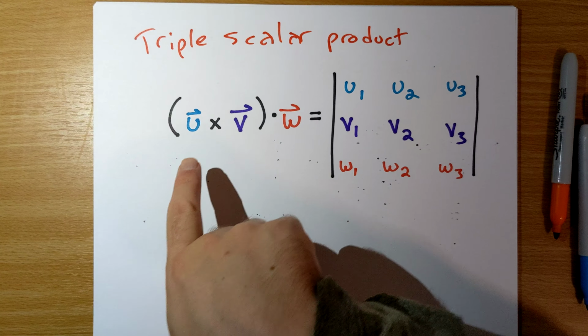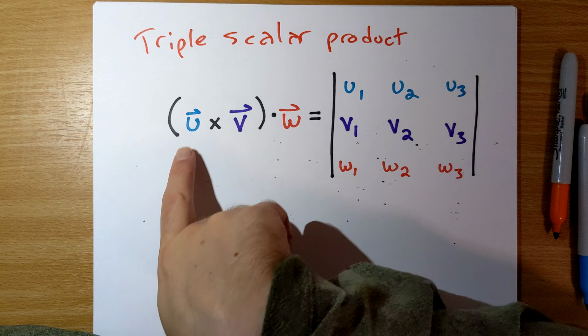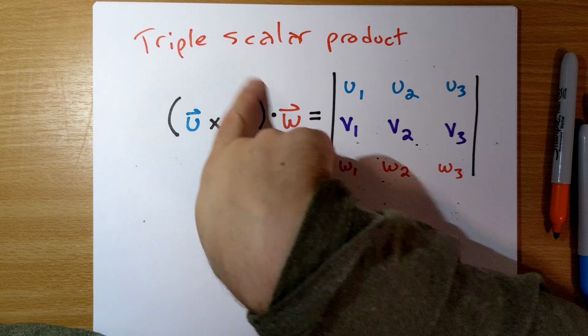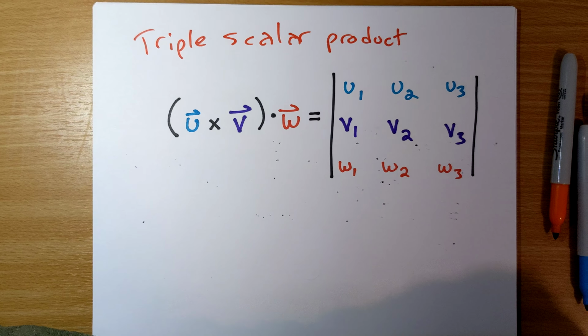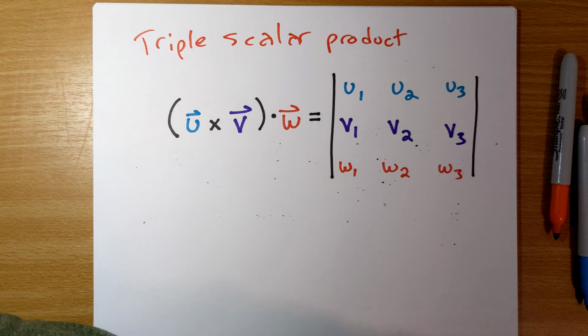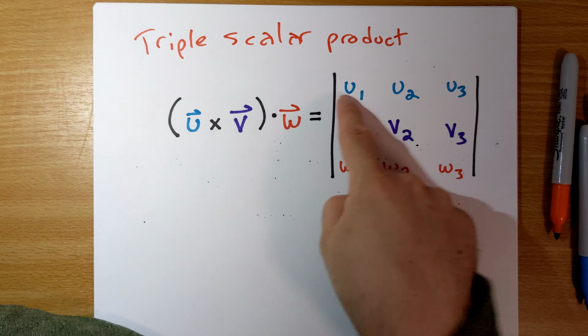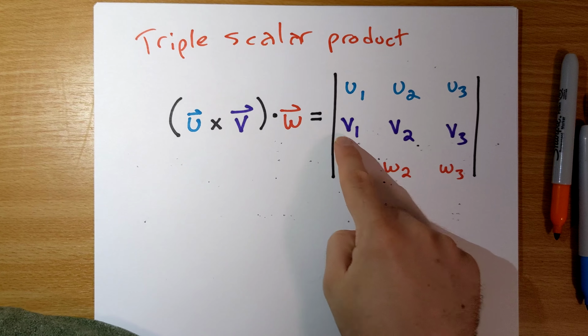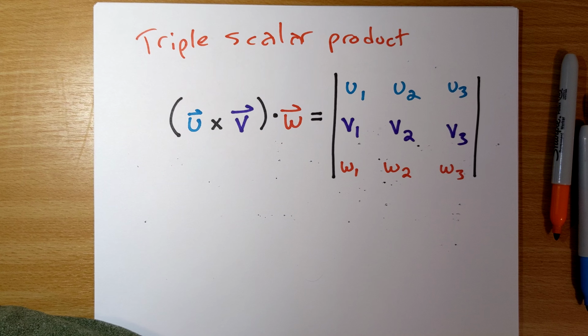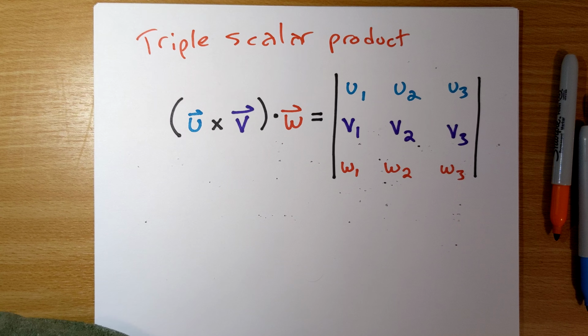So if I say to you, what's the triple scalar product of u cross v, parentheses, dot product w? As it turns out, the simplest way to compute it is through this determinant, where you put the entries of u in the first row, the entries of v in the second row, the entries of w in the third row.